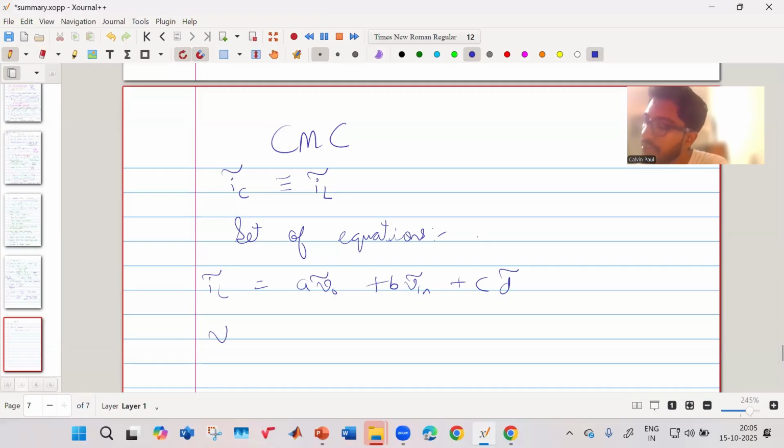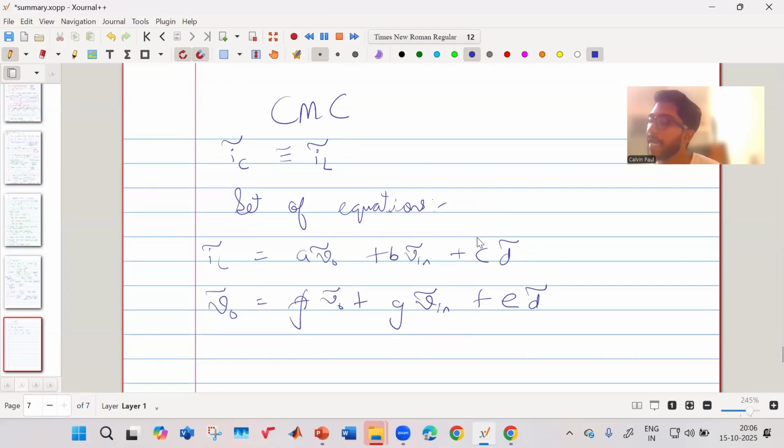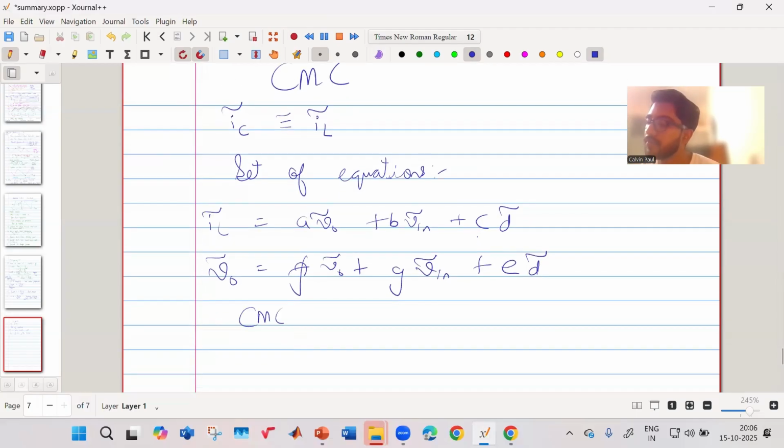Okay. And then you add your V output per term is equal to F into I output per term plus G into V input per term plus E into D per term, something like this. So you get a set of equations. Okay. And in current mode control, after you get the set of equations, you have to get your modulator gain.